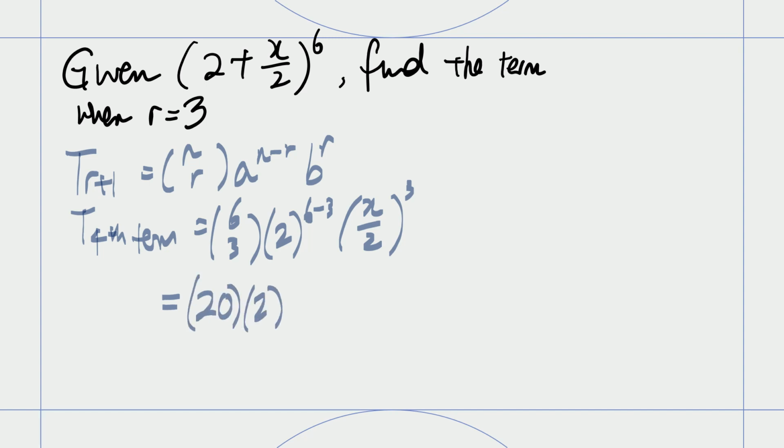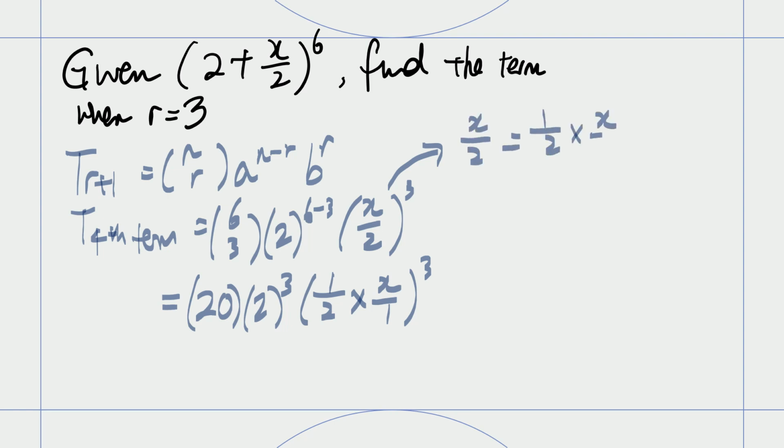And 2 to the power of 6 minus 3 is 2 cubed. This one here, x over 2, we can break it down to be half times x.